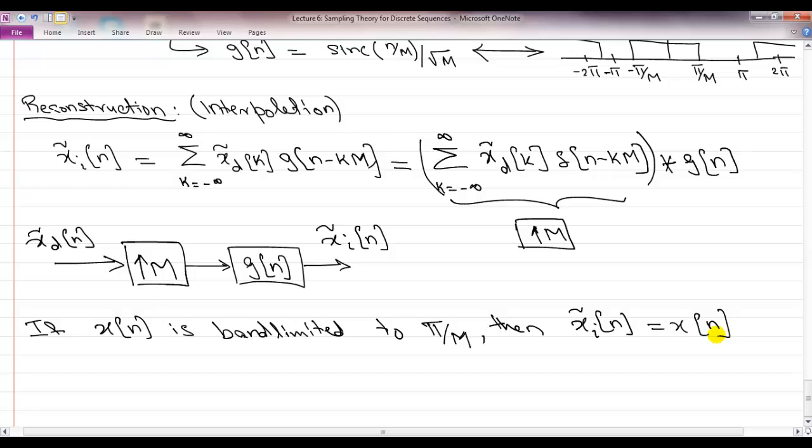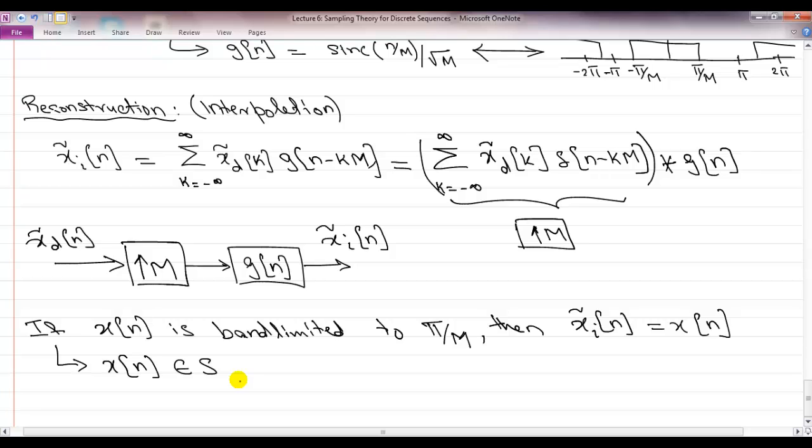That follows from the fact that if x of n is band-limited, then x of n belongs to the subspace. And if a signal belongs to the subspace and you do this projection, you get back the same signal. And you are given this as a problem in your assignment to show.